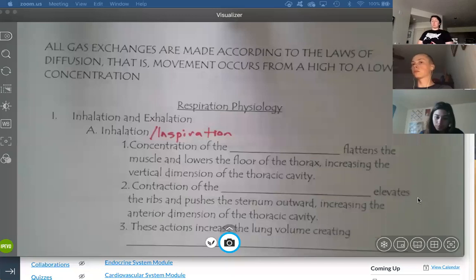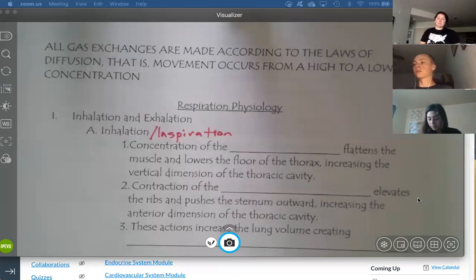So let's first talk about just breathing in general. Breathing is all about diffusion. It's all about concentrations. We're going to be looking at the concentration of the atmosphere, and the pressure concentration within the thoracic cavity or within the lungs.